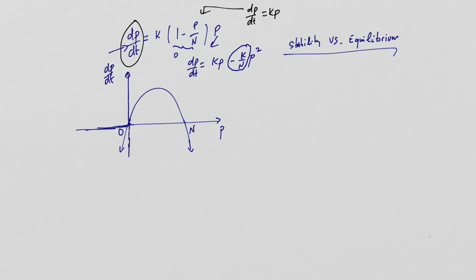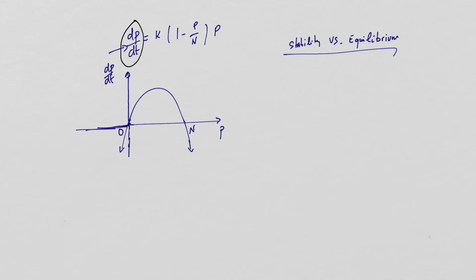So now, look at this. We can actually do everything we want to do just through this graph. This graph is called, as you will see, a phase plane. Okay? It's called a phase plane. So watch this.